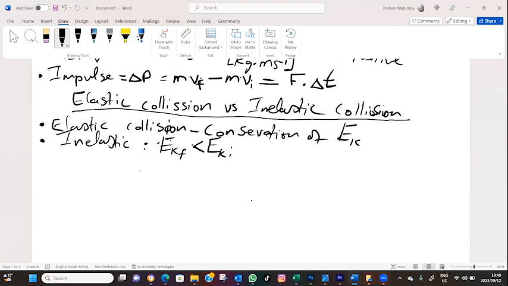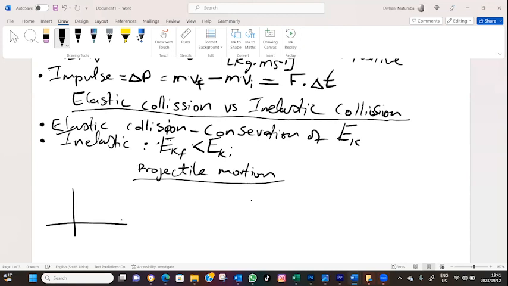I also wanted to discuss projectile motion. In projectile motion, if you represent your projectile motion graphically, let's say I start with displacement and time.